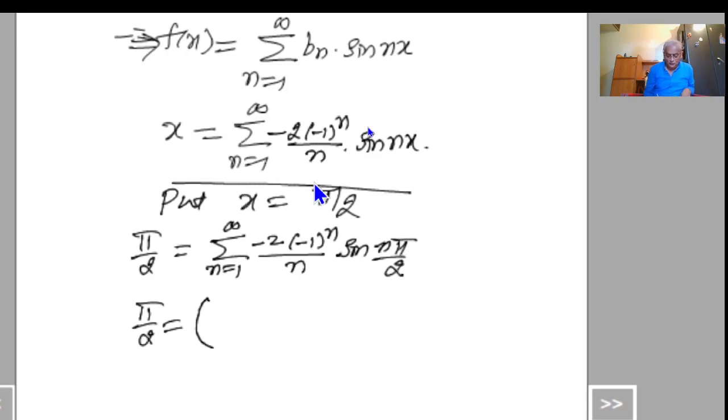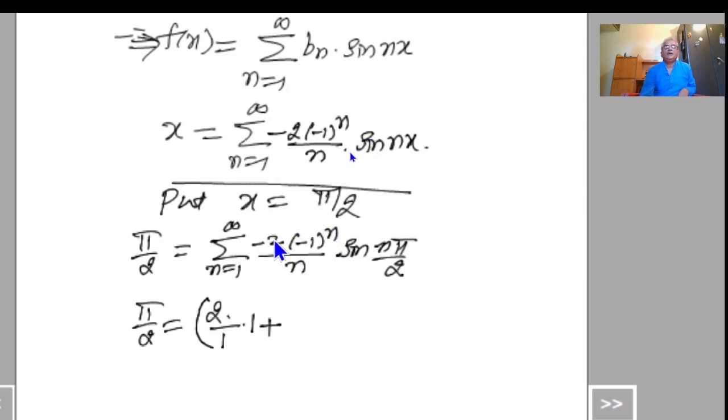First put n equal to 1. If I put n equal to 1, this becomes minus 1. Minus into minus is plus, that is this becomes 2 into, here n equal to 1, sin pi by 2 is 1, plus put n equal to 2. If I put n equal to 2, this becomes plus 1.